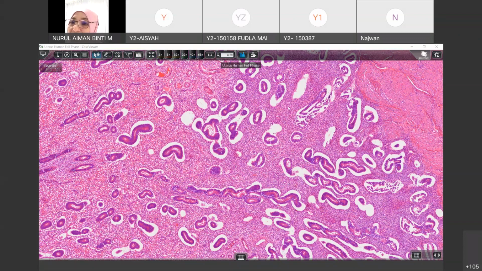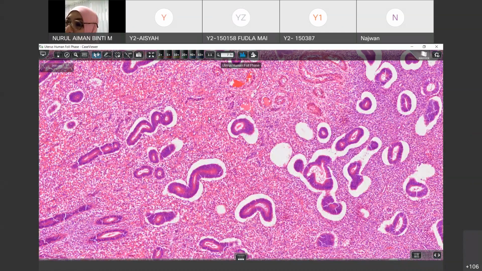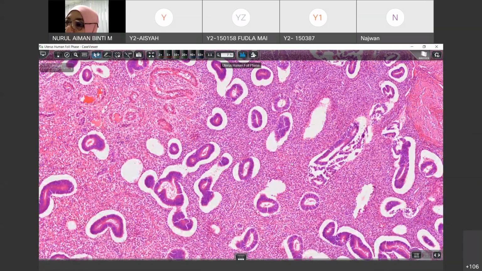This area has less cellular component, not really less, but less dense compared to the basal layer, so it is more eosinophilic. You can still see a lot of nuclei, but not as compact as the cells in the basal layer, in between the glands.